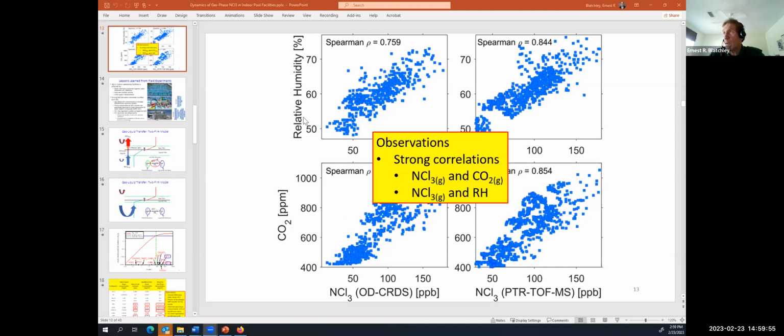I think we could go further and say that it may be possible to estimate gas phase trichloramine and/or control gas phase trichloramine by measurements of relative humidity. So these are complicated questions and they're not straightforward. We don't have equivalent correlations for other facilities.